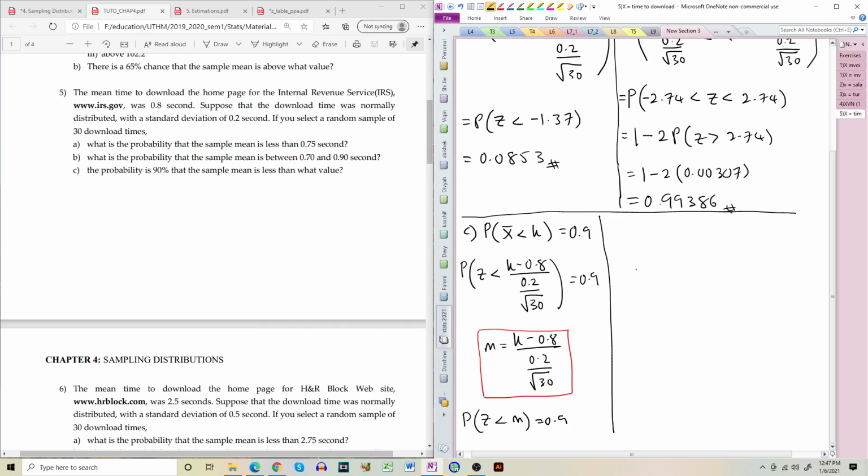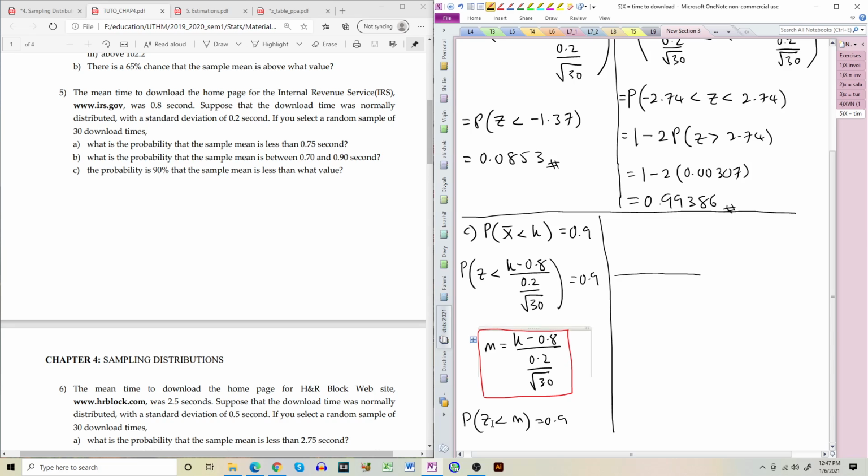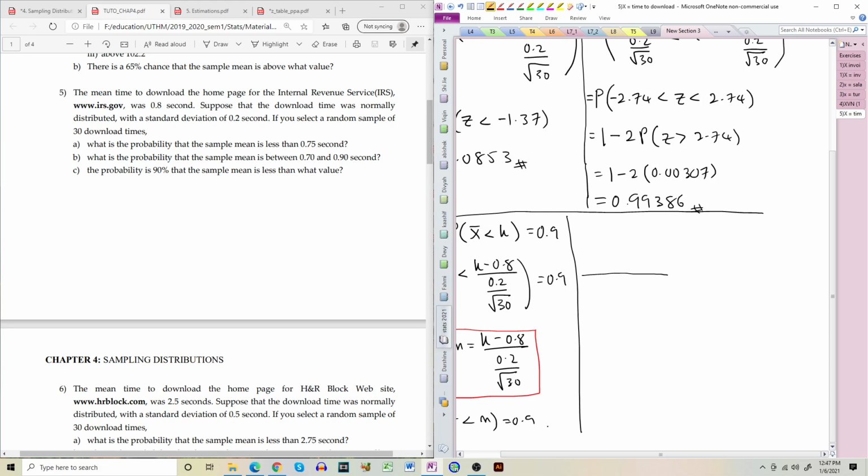And so if I draw this, your m is here, and this would be 0.1, 0.9.